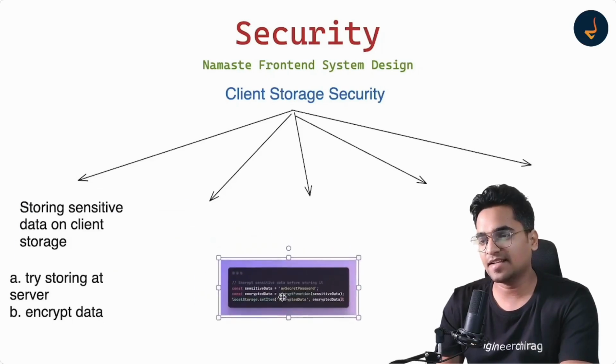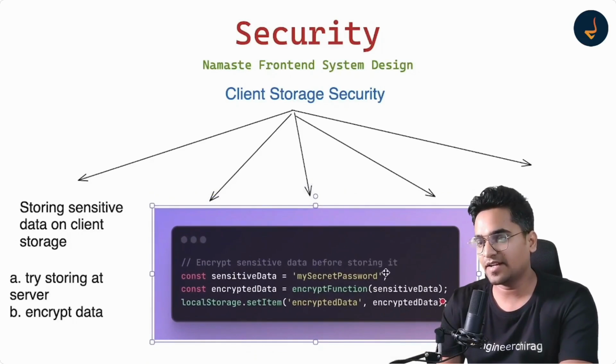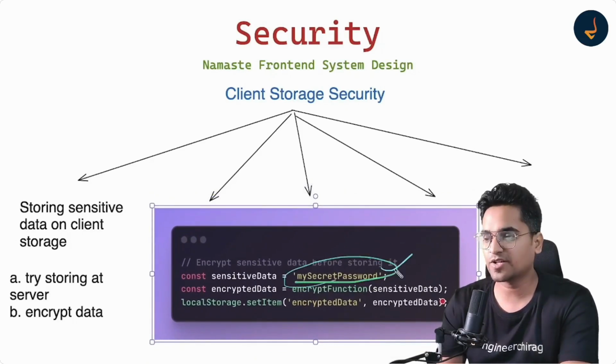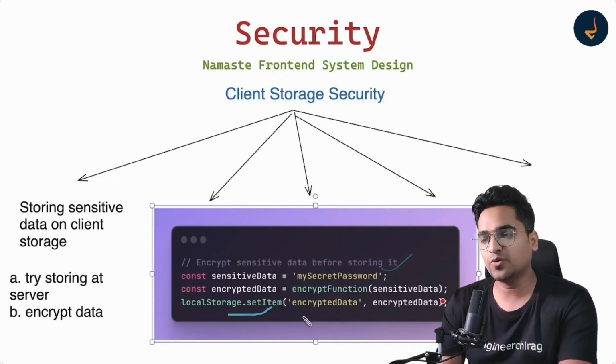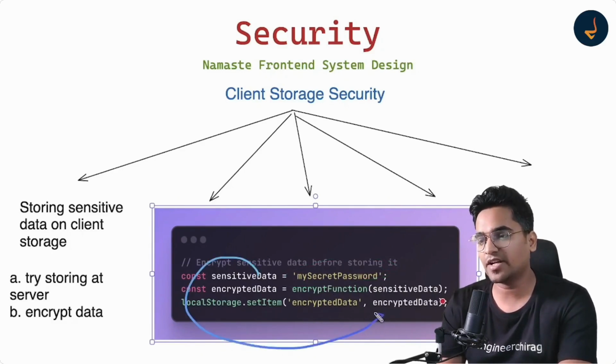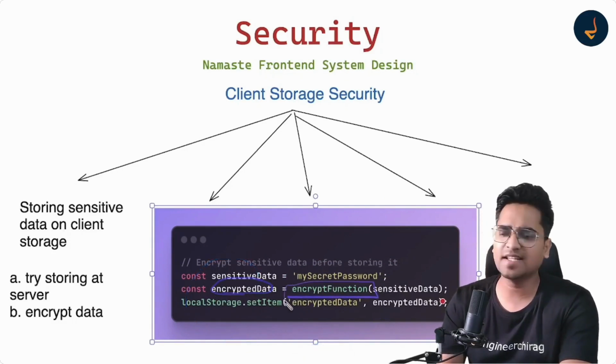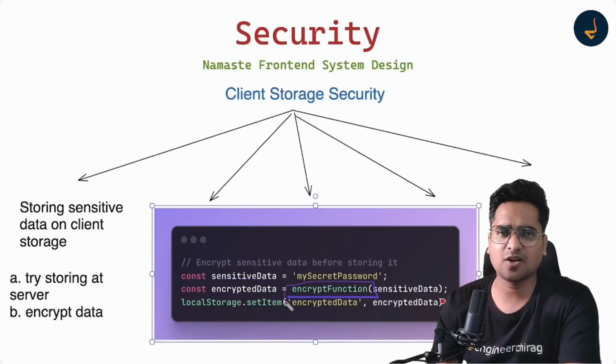Consider in this particular case, suppose there is some sensitive data that needs to be stored like this. There is my secret, some secret has to be stored into your local storage. Before actually putting the actual data, which is your sensitive data, you put your encrypted data. You write some logic, you use any kind of encryption, decryption logic, which is more secure.